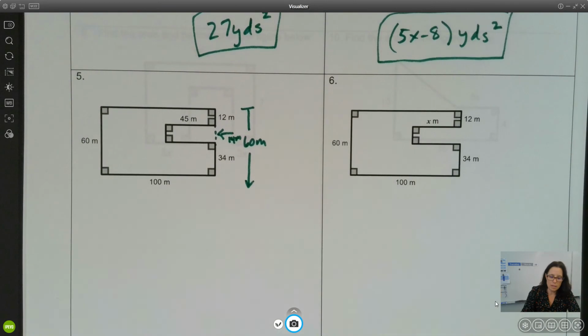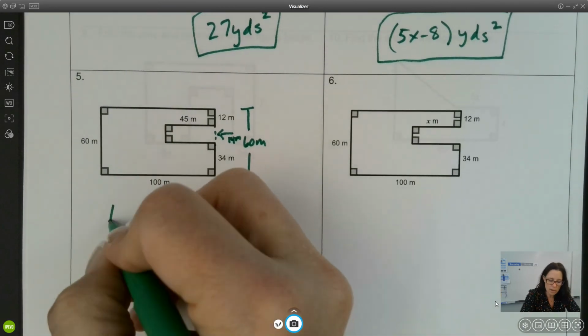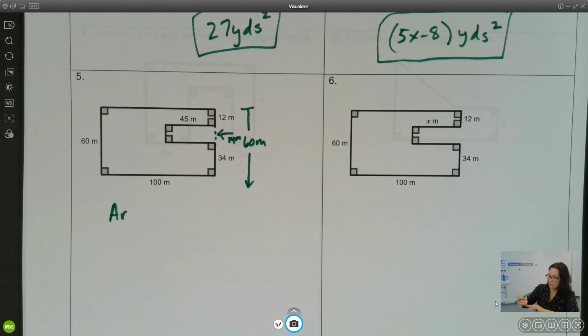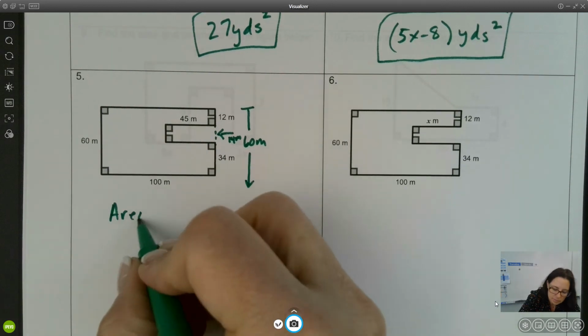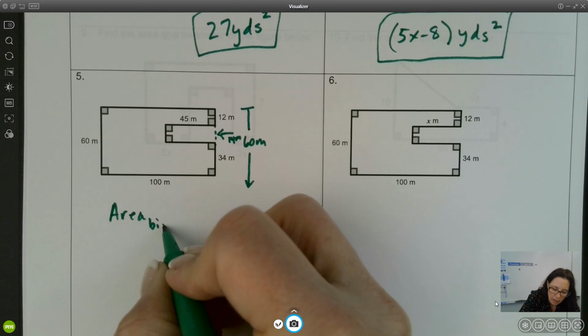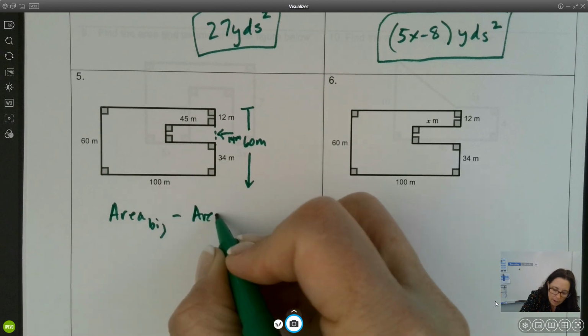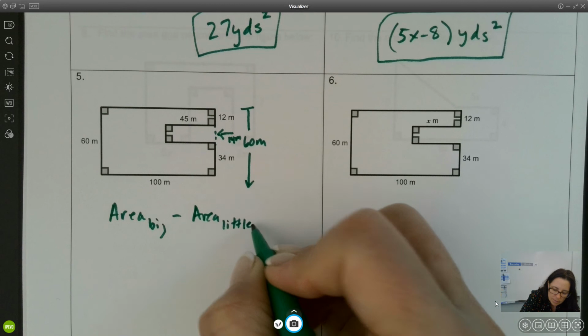Okay, so let's go ahead. We're going to do the area of the whole thing. Area of the big thing minus area of the little thing.